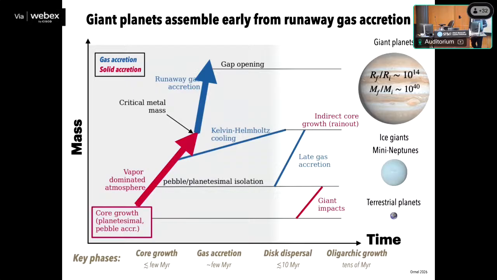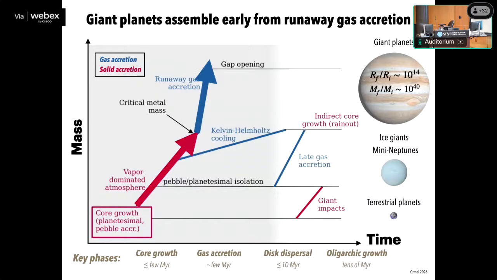There's an epoch of core formation that occurs on a time scale of probably a few megayears, 1 to 3 megayears, and then runaway gas accretion that happens faster. So the giant planet forms from a core that then accretes gas, and most of the mass is locked up in that gas. Other smaller planets typically form on longer time scales if, say, an ice giant or a mini Neptune accretes some gas, but not too much.